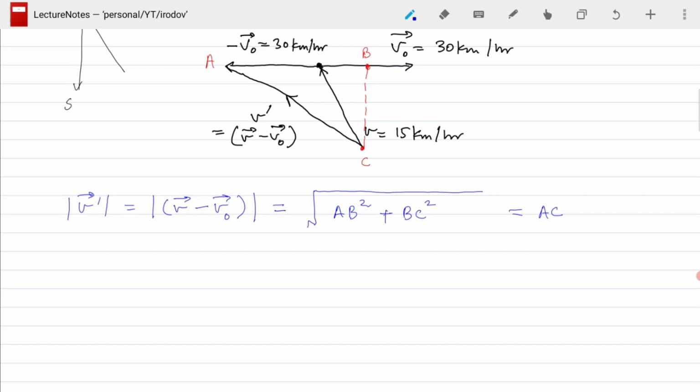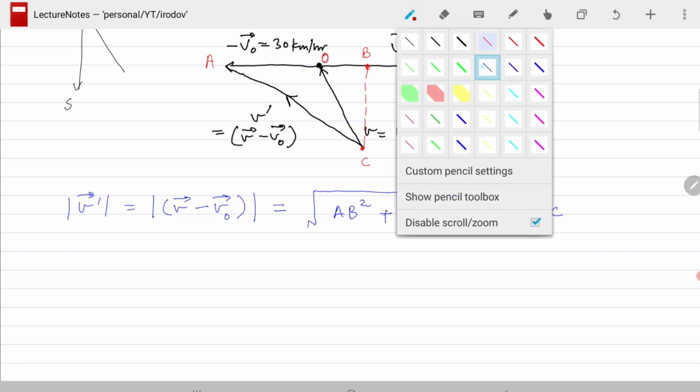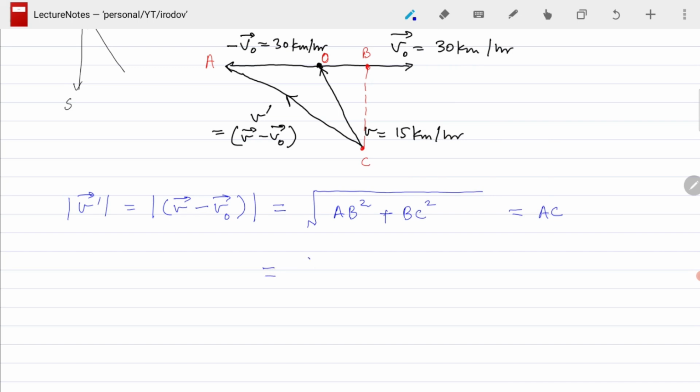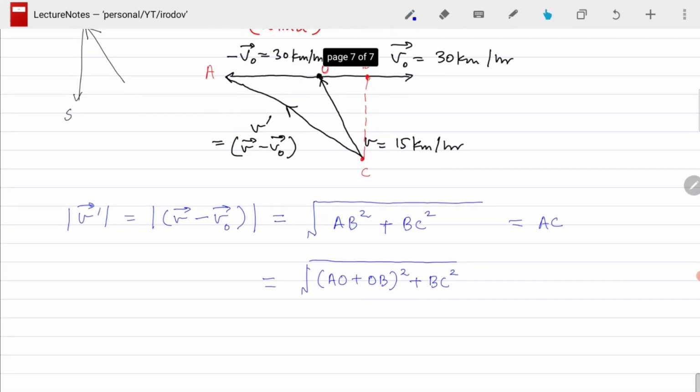Let me also call this point O. We'll need this, and I'll show you why. So here we have AB squared, and AB can be written as AO plus OB, squared, plus BC squared. Now AO is nothing but 30 kilometers per hour.